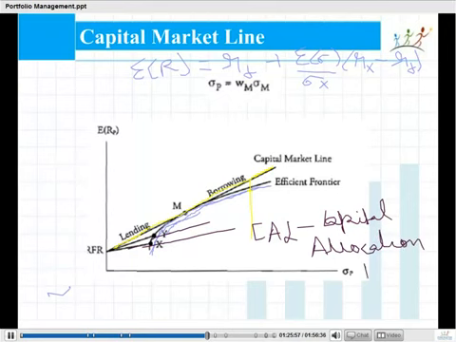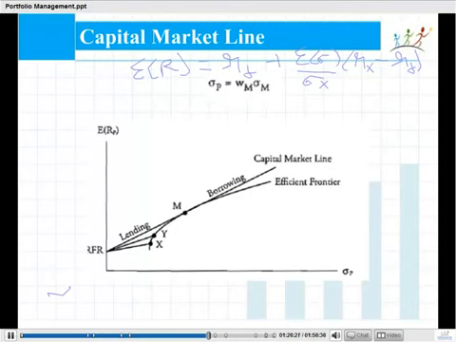The capital allocation line that passes through the tangency portfolio is a special capital allocation line. It is called the capital market line. So capital market line is a special capital allocation line that passes through the tangency portfolio.